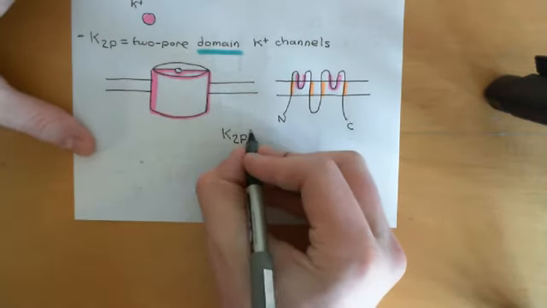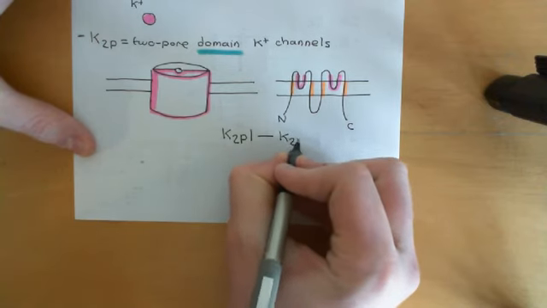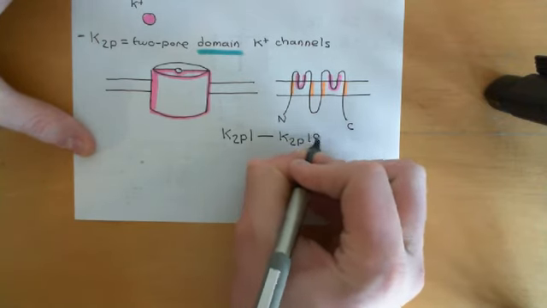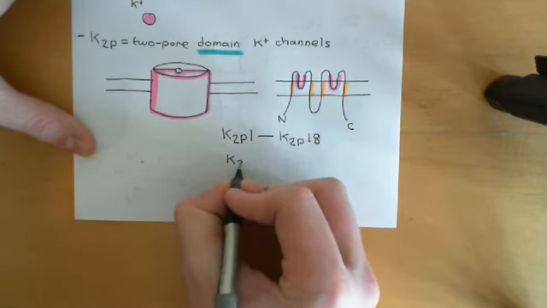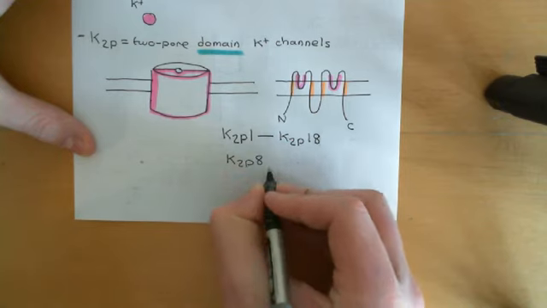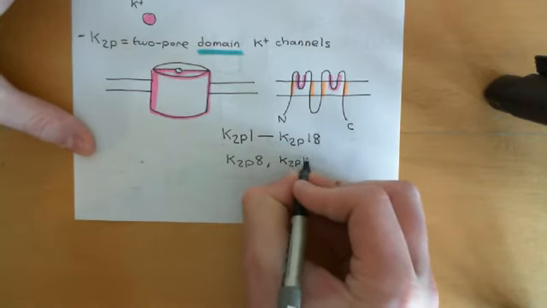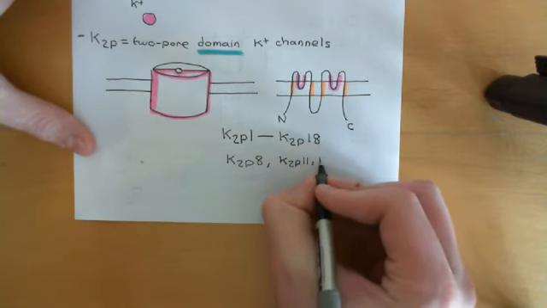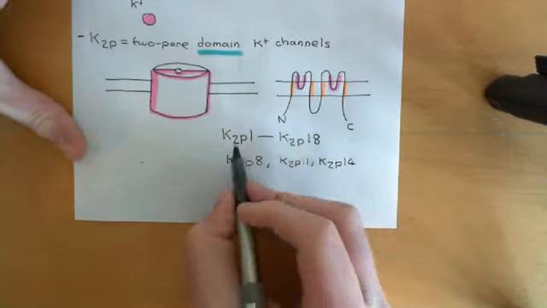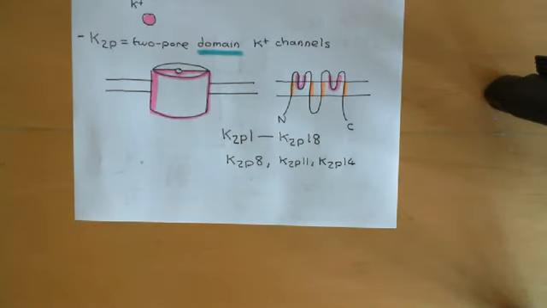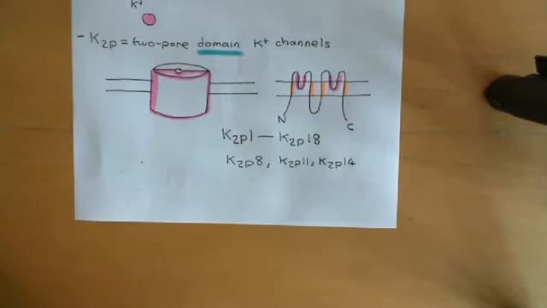It goes from K2P1 all the way up to K2P18, but there are only 15 families, because certain families are not present in humans. The ones not present in humans are the K2P8 family, the K2P11 family, and the K2P14 family. So these three families are omitted, and that's why there are only 15 families present in humans, although the naming seems to go up to K2P18.